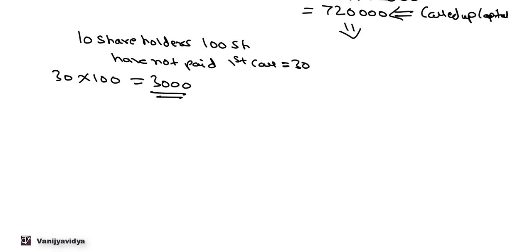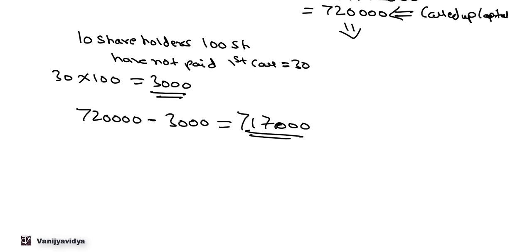So now 7,20,000 minus 3,000, that comes to 7,17,000. So now this 7,17,000 is paid up capital.